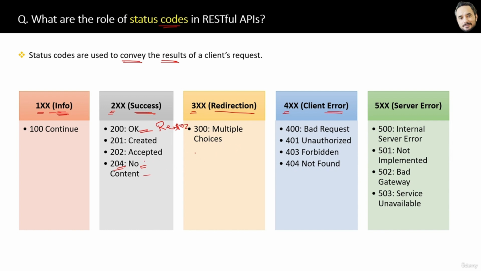The next important status is 400, which means the client request has some problems. Most probably UI developers will fix these because they are sending the request, right? For example, an incorrect request format or incorrect data type in the request from the UI.